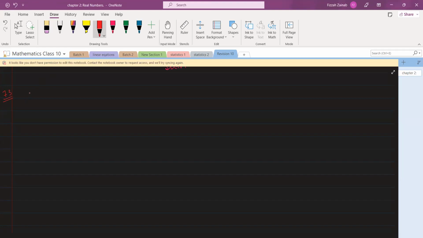So if I write the LHS, this is cosec A minus cot A divided by cosec A plus cot A plus cosec A plus cot A divided by cosec A minus cot A.